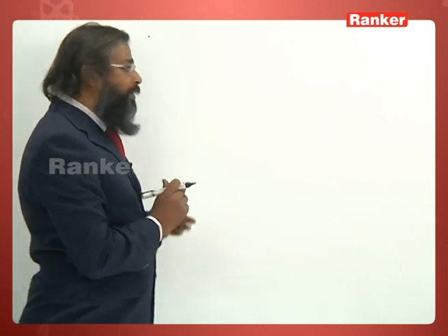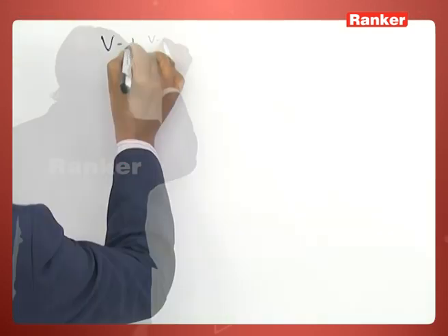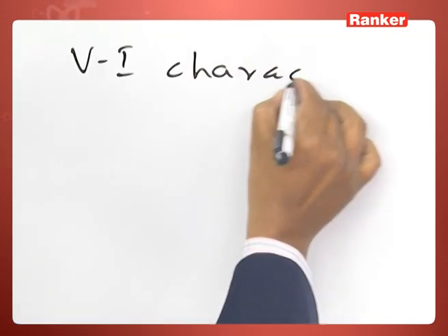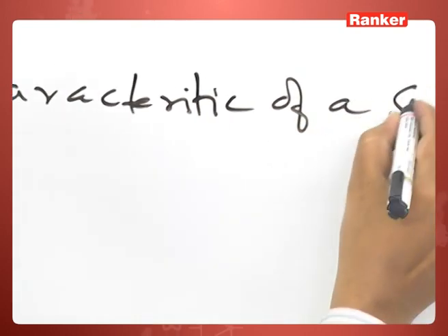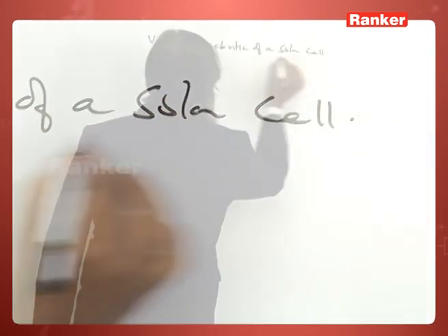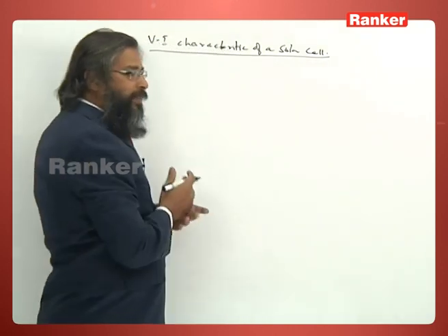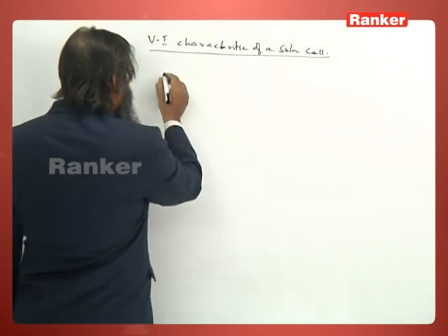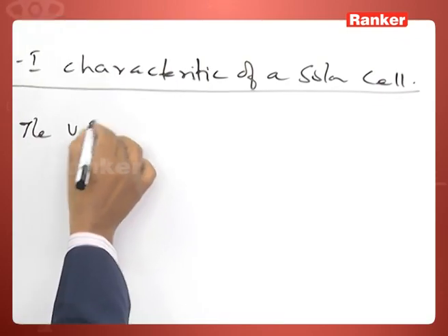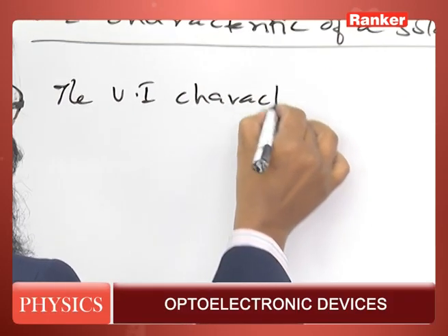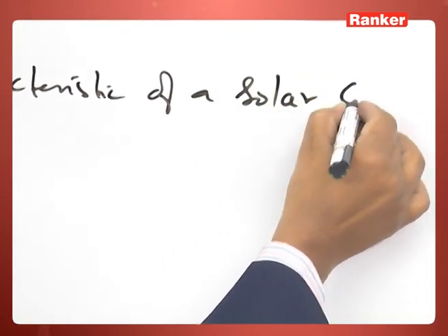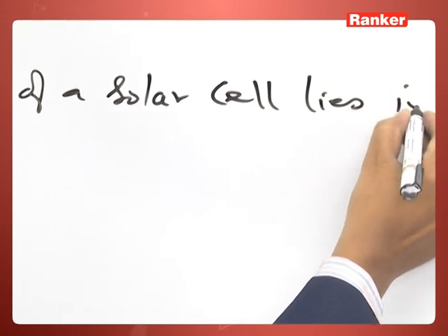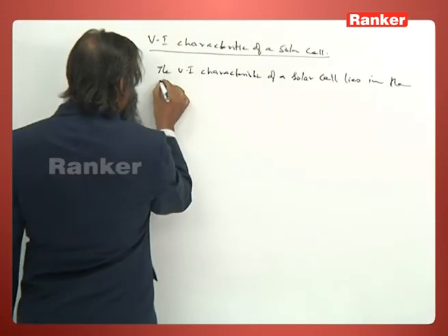So now come to the VI characteristics of a solar cell. Now, you see, the VI characteristic of a solar cell lies in the fourth quadrant.